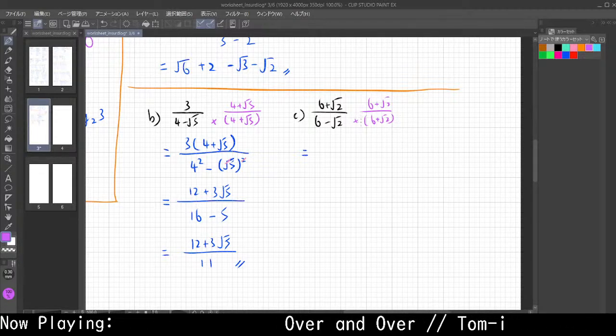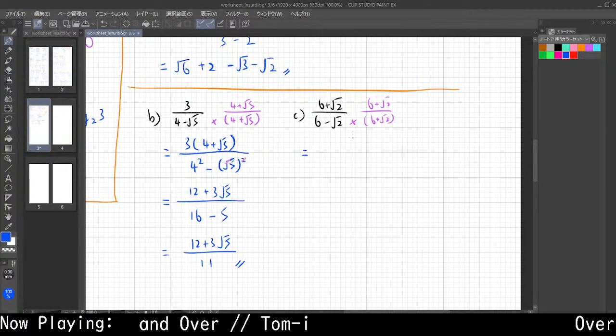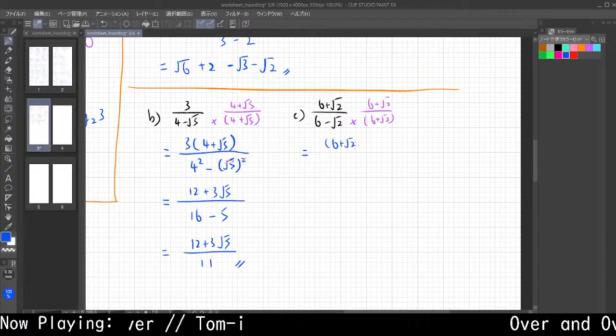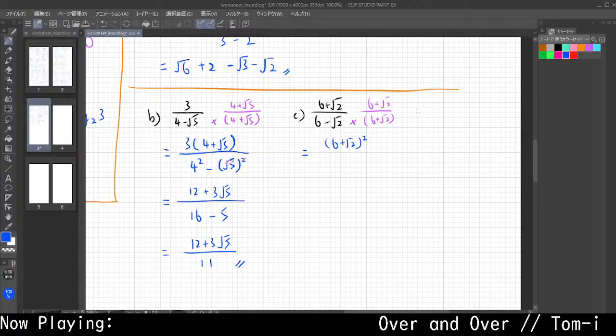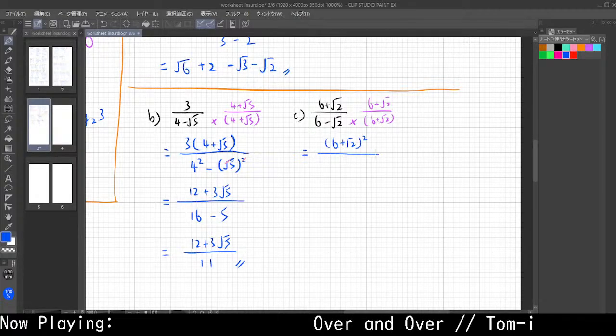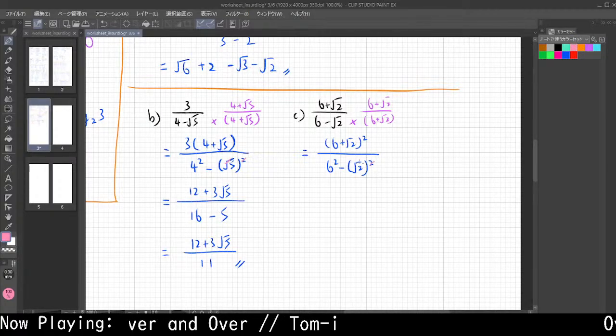So we multiply 6 plus square root 2 on both top and bottom. Your top will get 6 plus square root 2 square because both are the exact same expression. Your bottom will get 6 square minus square root 2 square.